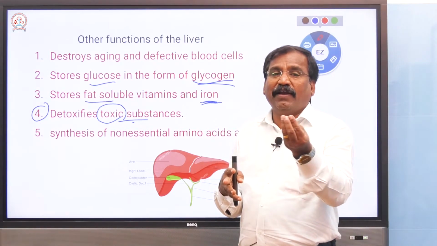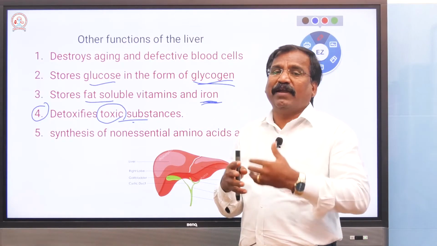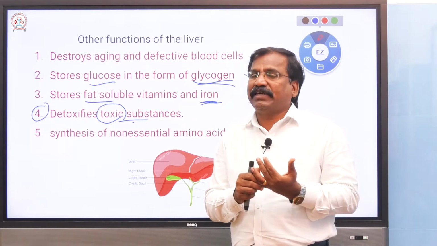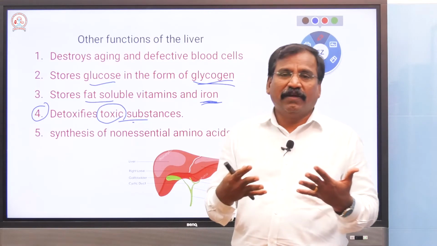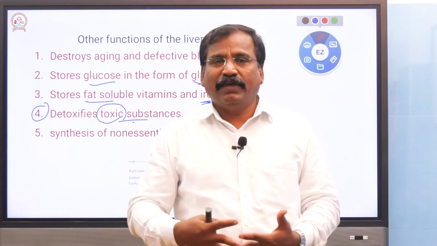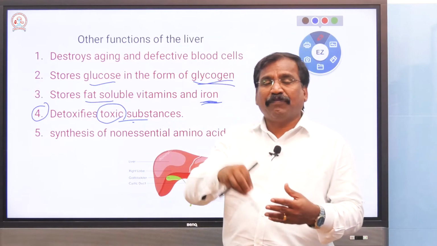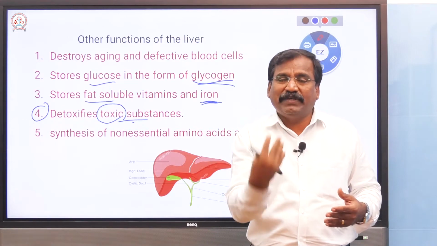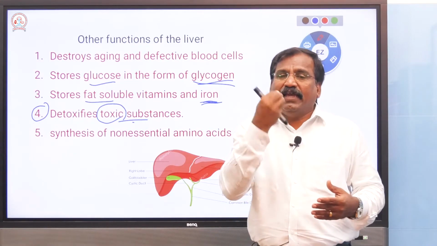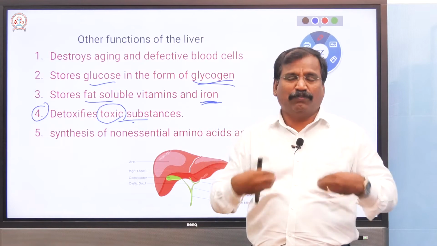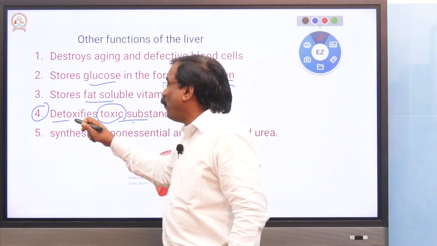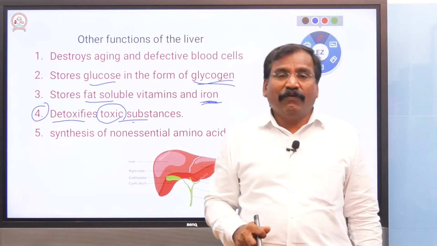Even now, we consume food, fruits, vegetables and food grains which contain some toxic substances, which we spray to kill insects and pests. These remain deposited in the fruits, vegetables and food grains, and when we eat them, the toxic substances go inside. Such toxins are detoxified by the liver.